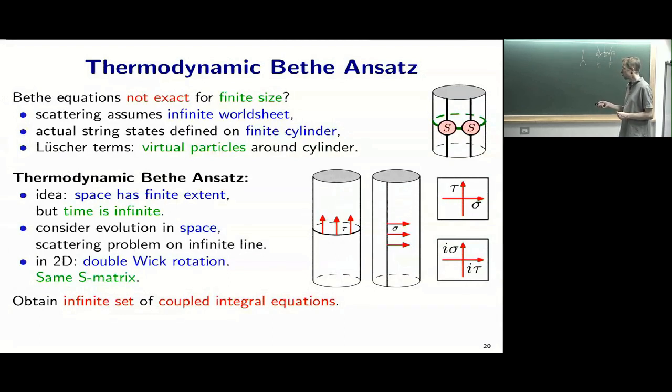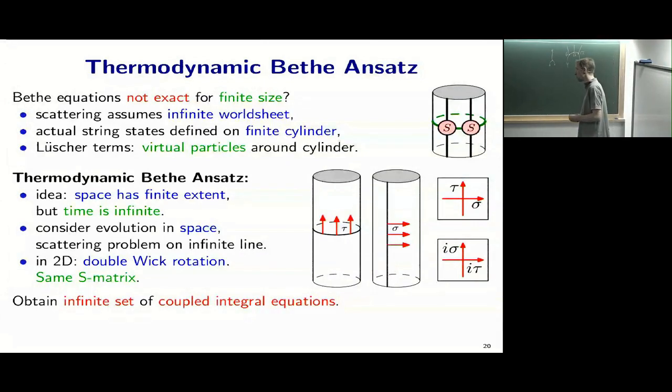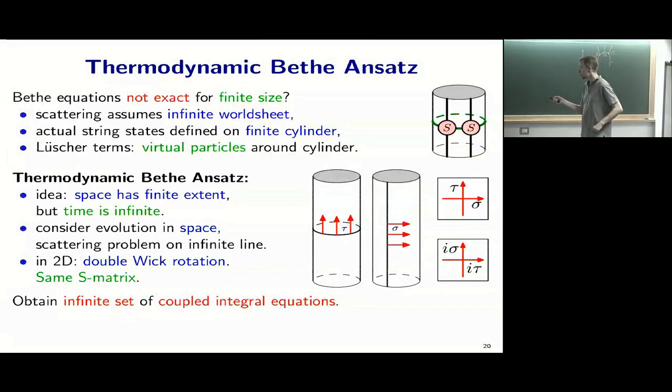That's called the mirror theory. And it turns out for this model that the mirror theory is much the same as the original theory. So you can use the scattering picture in the mirror theory, where you're actually on the infinite line and where this scattering matrix does apply exactly.